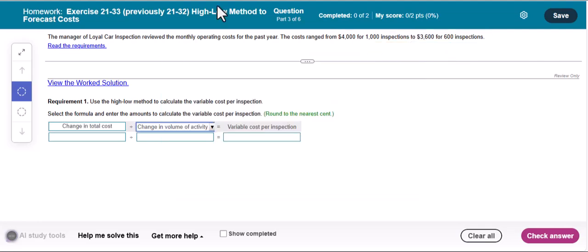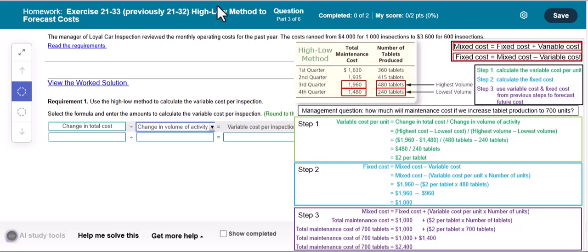Going back to our slides, the high-low method was used to project costs at various levels of tablet production. Here are the tablets produced, and here are the maintenance cost levels associated with them. We try to figure out how much was the variable cost per tablet, and what is the fixed cost involved.